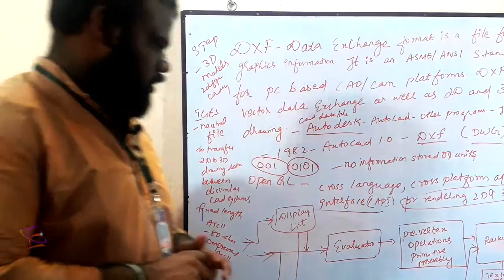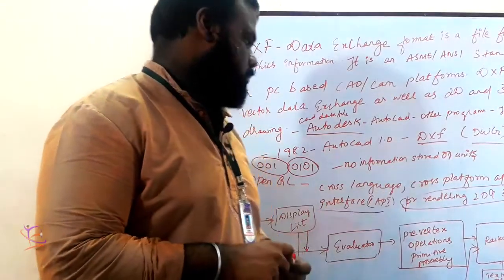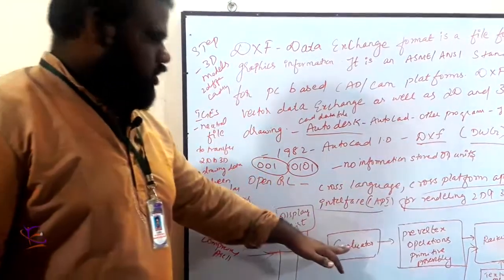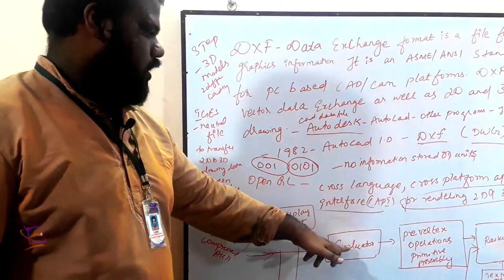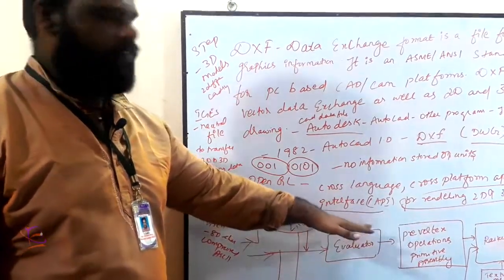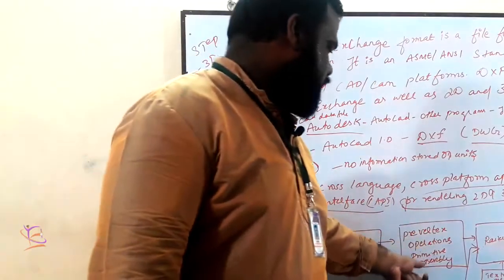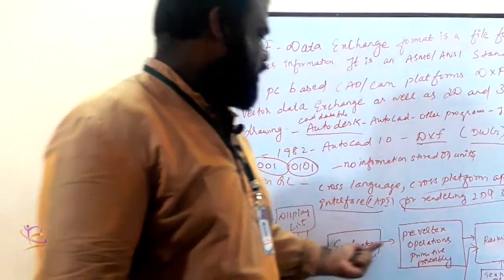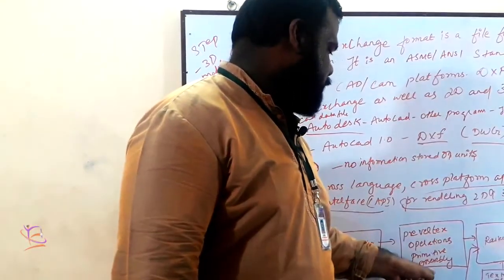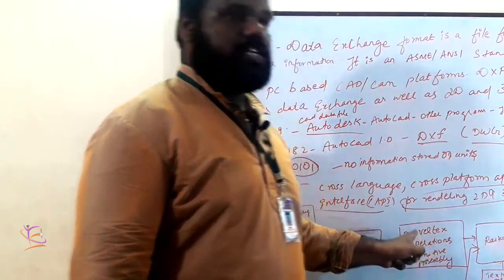And we have the block diagram here. Evaluator, then per-vertex operations. From the evaluator to the per-vertex operations, then primitive assembly.